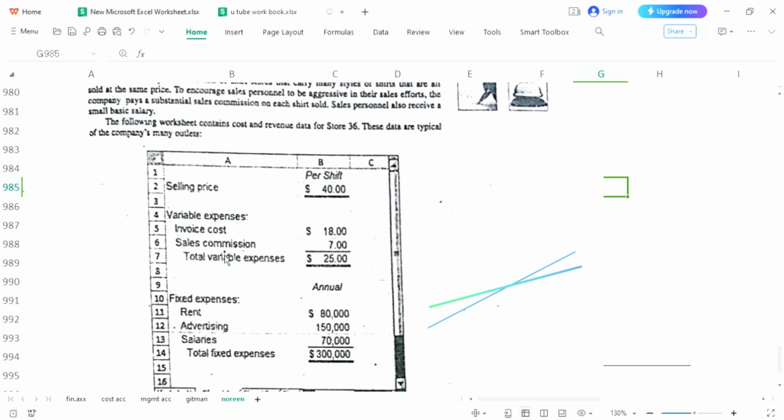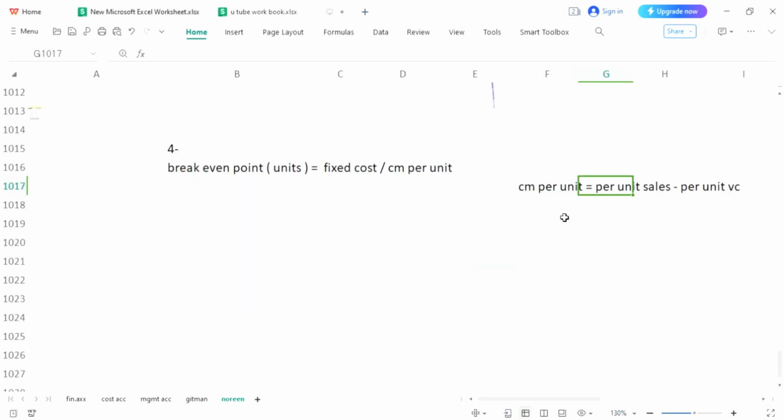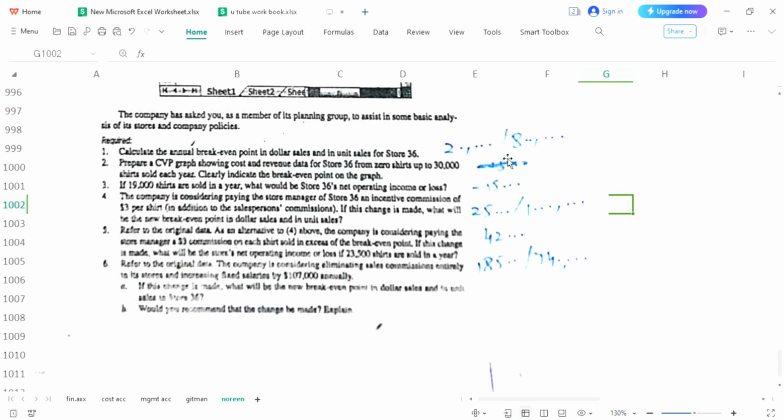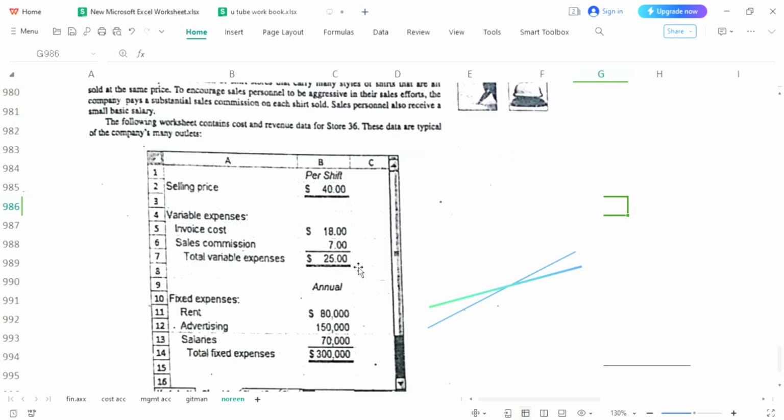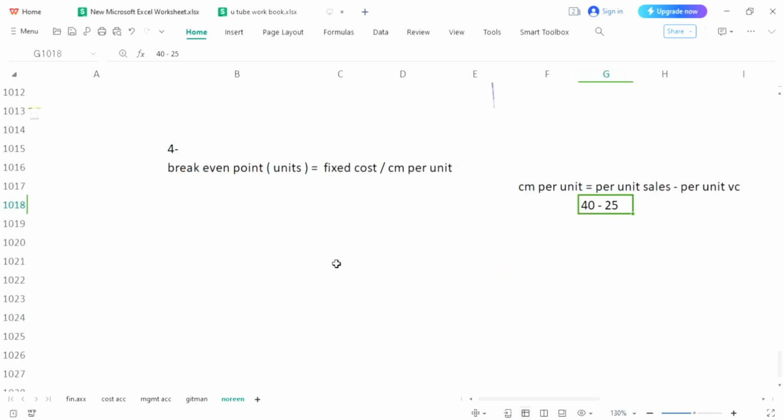Sale commission was 7, additional $3 would be added over here. It means 40 was your selling price. So you can put 40 as selling price, and you were subtracting your variable cost, which was 25. But since now three additional dollars would be added to the commission, so it would become 10, and 28 would be your new variable cost.